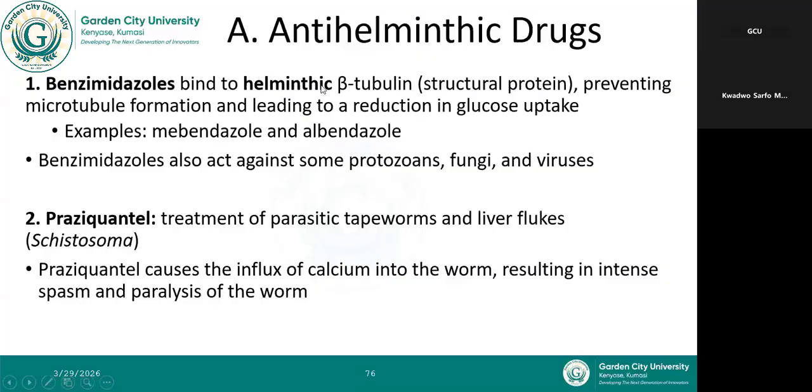So once these benzimidazoles bind to those beta-tubulins or structural proteins, they prevent formation of microtubules, which are very important for structural support.